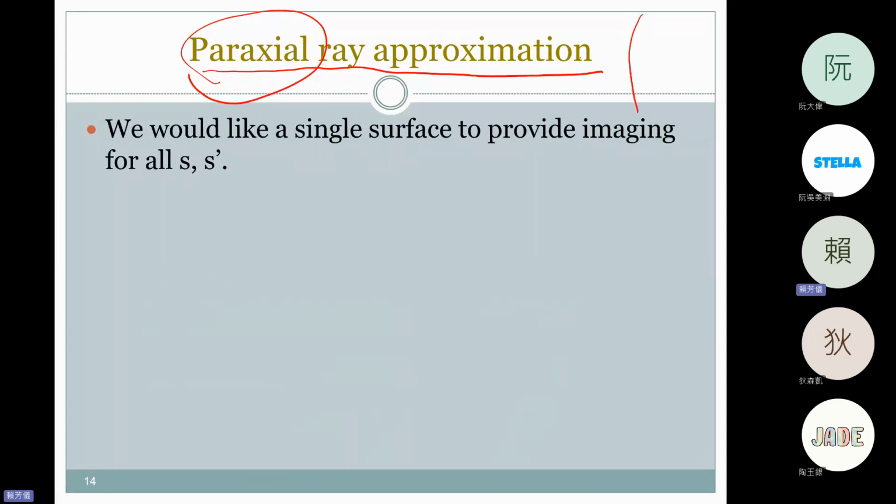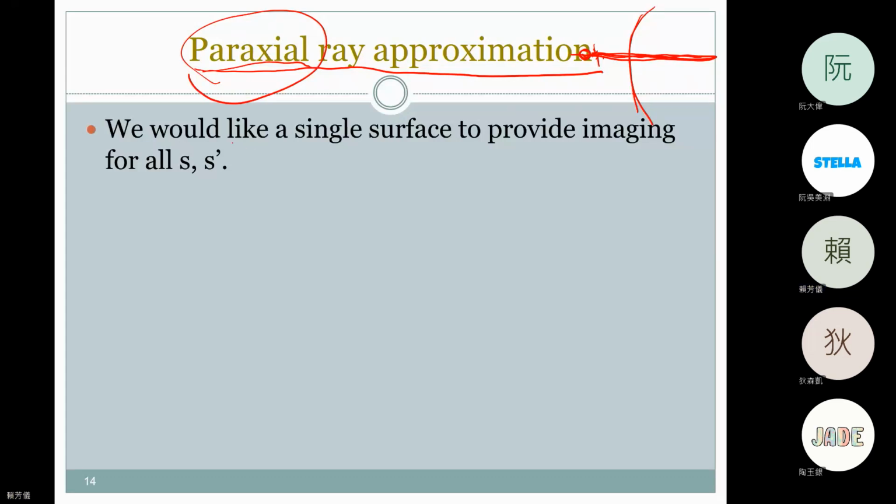It means that the object is close to the middle, very close to the optical axis. And the optical axis is actually the middle line of the lens or the refractive surface.